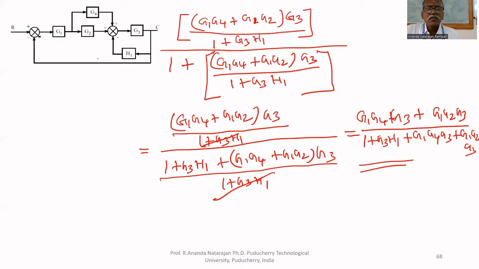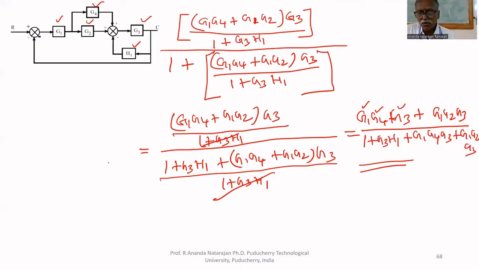So this system is represented by five differential equations. If we know the transfer function, we can substitute here and we can find a single transfer function. So that is possible by using block diagram reduction technique.